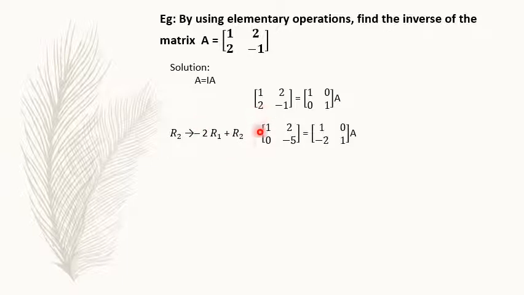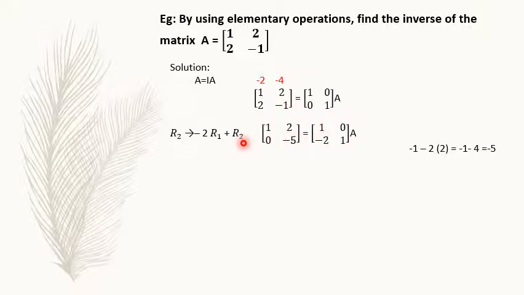Then 2 becomes 0. The first row has 1, 2 as its elements. Minus 2 R1 means 1 into minus 2, minus 2, and 2 into minus 2, minus 4. Now, minus 2 R1 plus R2: minus 2 plus 2, 0. Minus 4 plus minus 1, minus 5.